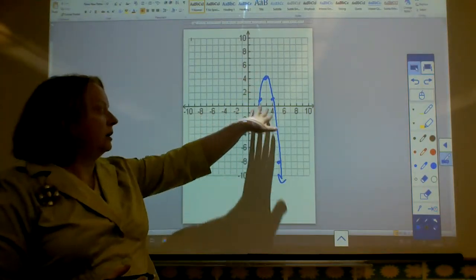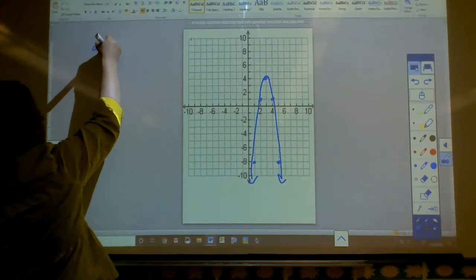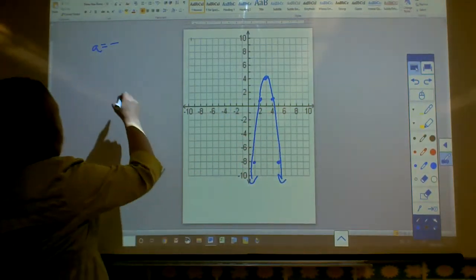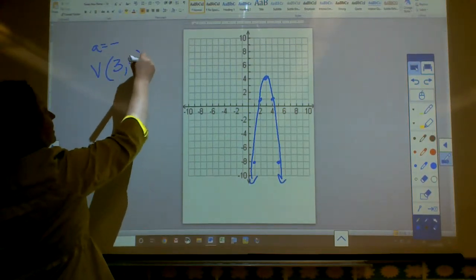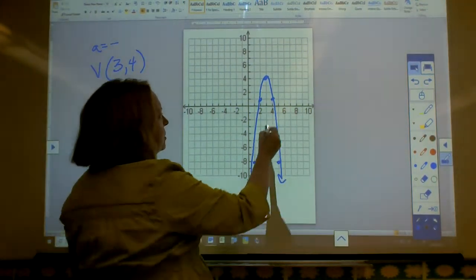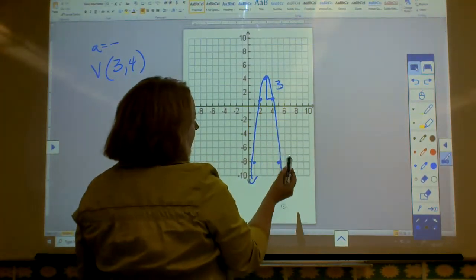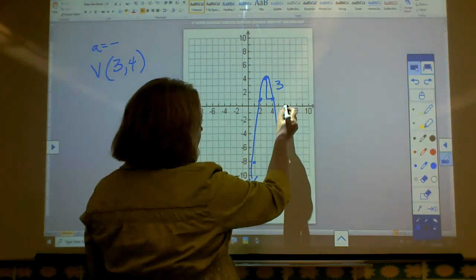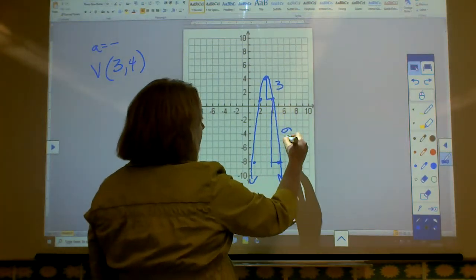We see that it's opening downward, so we know a is going to be negative. I know my vertex is at (3, 4), so I can write in that. And then it looks like I'm going down 3. And then we got down 9.